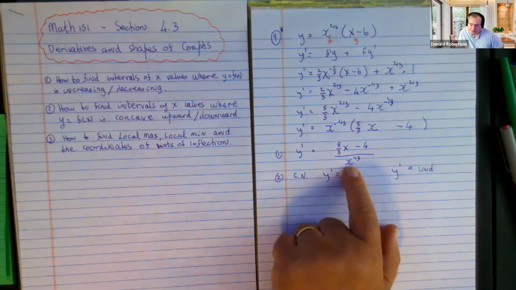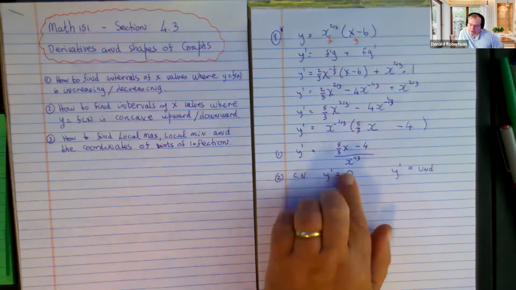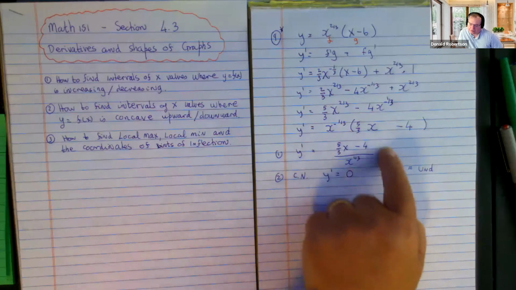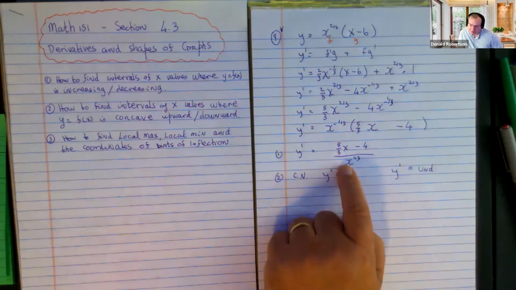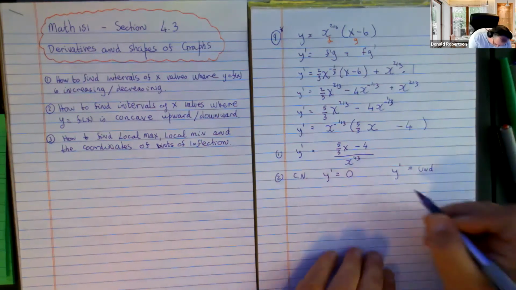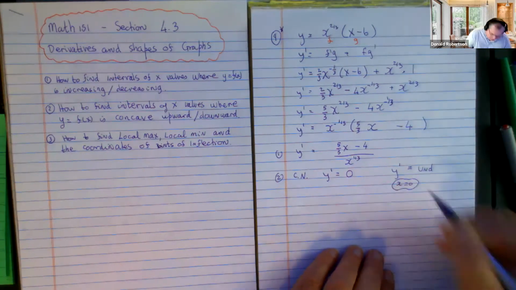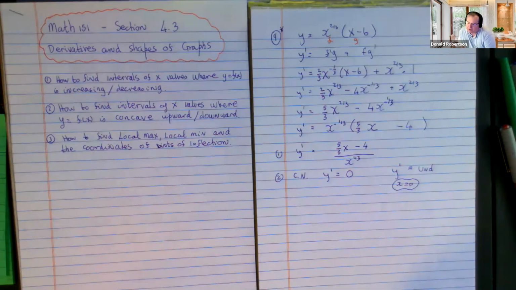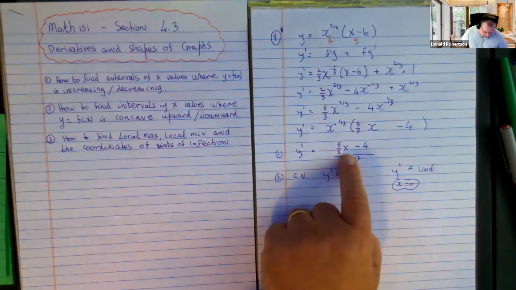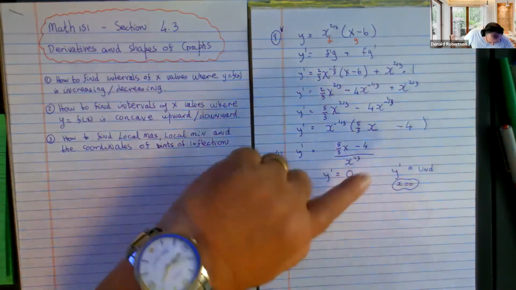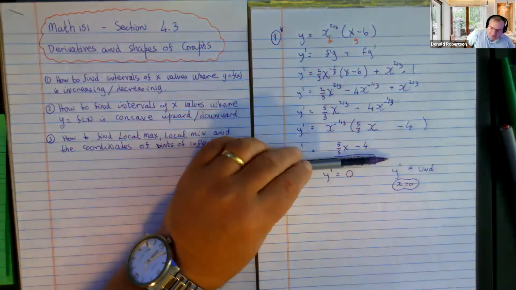Let's do when the derivative is undefined. If you have a fraction, aren't you only going to be undefined when the bottom is 0? And would you agree x equals 0 does that? Are you comfortable about the x equals 0 being an undefined value for the derivative? Now, when are you equal to 0? Well, a fraction is equal to 0 only when the top is 0.